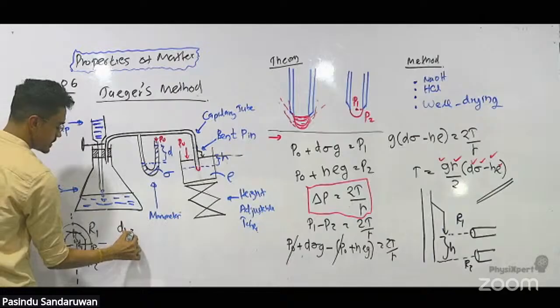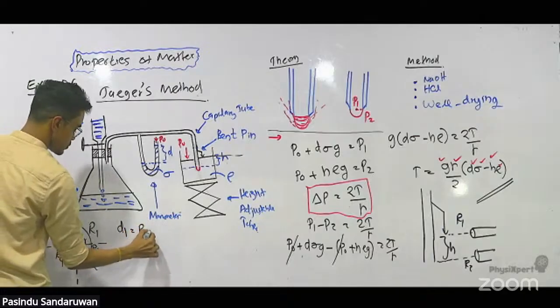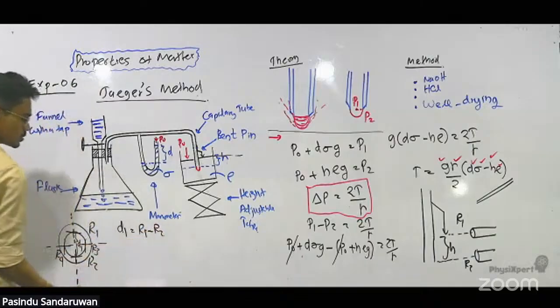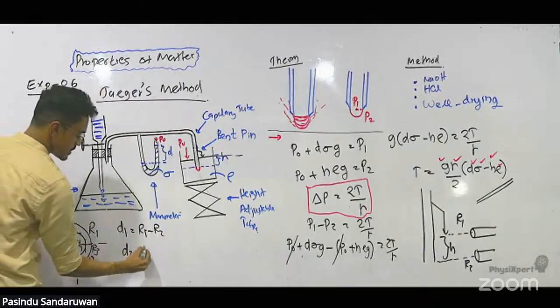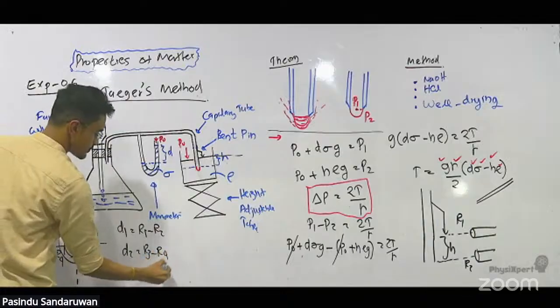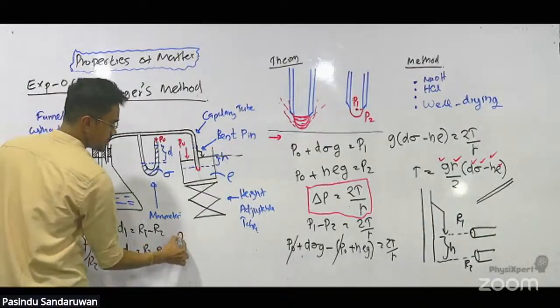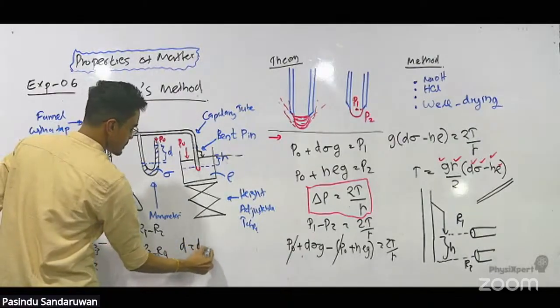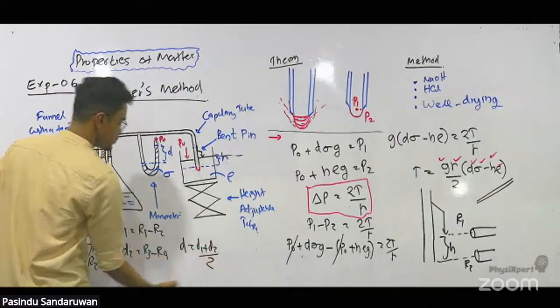Vertical diameter is R2 minus R1. Horizontal diameter is R3 minus R4. Then the diameter of this tube is D1 plus D2 over 2. Take this down.